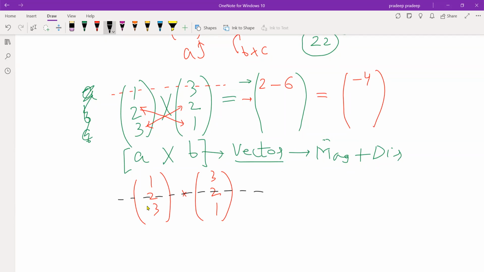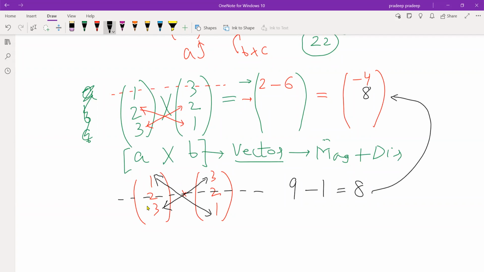So we start from 3 into 3. So 3 into 3 will give you 9. Then we subtract and then we take the other cross, which is 1 into 1, which will give you 1. So 9 minus 1 comes out as 8. And that will be the y component of the resultant or the vector product.